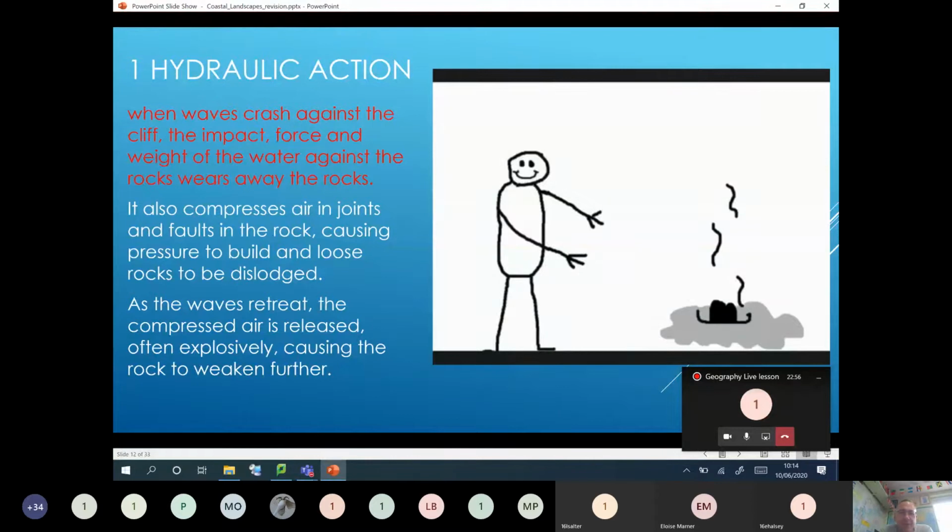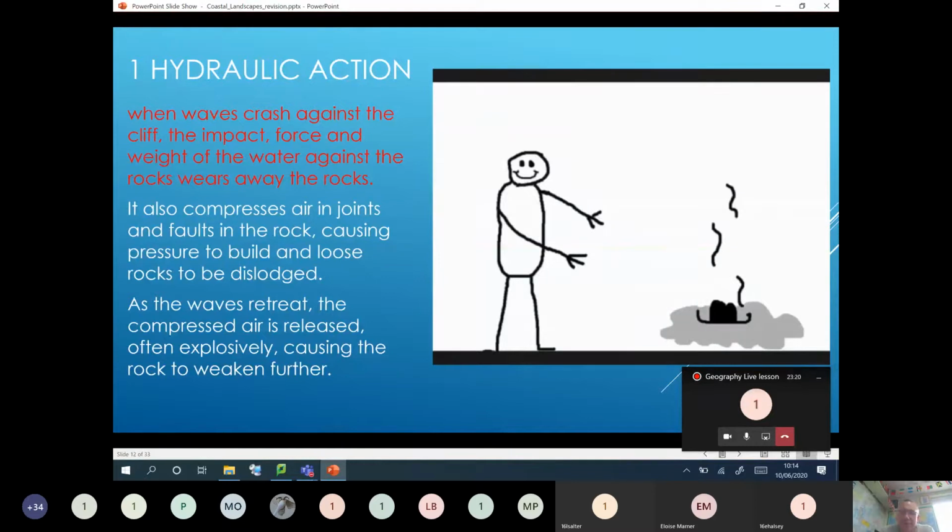Now remember, there is that secondary point: it is the force of water hitting the cliffs, but also it compresses the air that's found in the cracks of the rocks, the faults of the rocks. When the wave comes crashing in, it compresses the air that's already in the cracks. As the wave comes back out, that air expands and explodes.